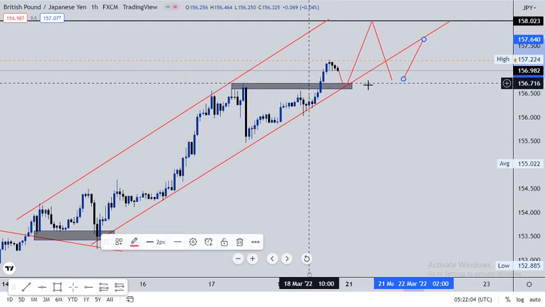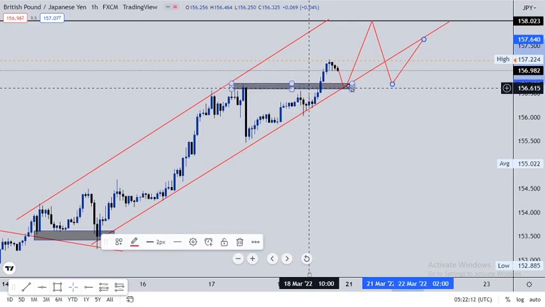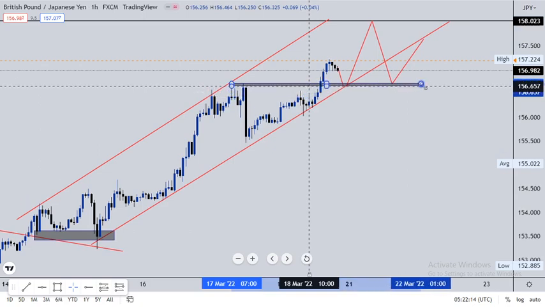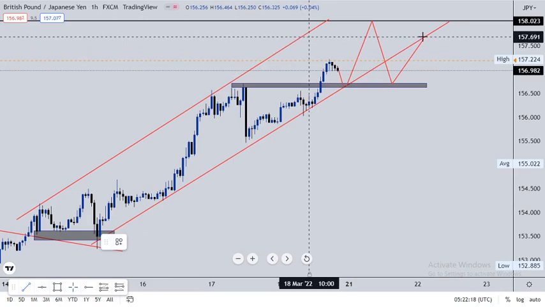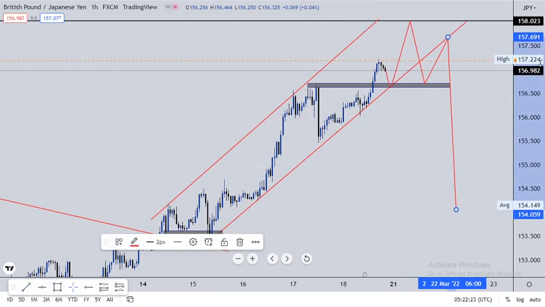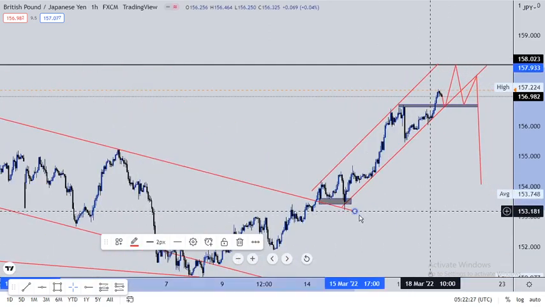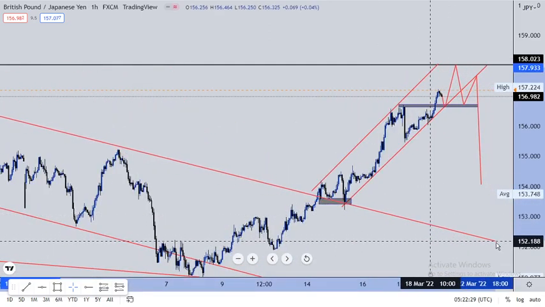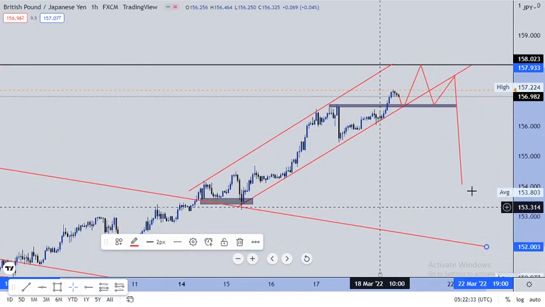Let me do it like this. Maybe the market will come back to this zone, respecting this small zone here, then carry up and come back here, or come back down to this zone.